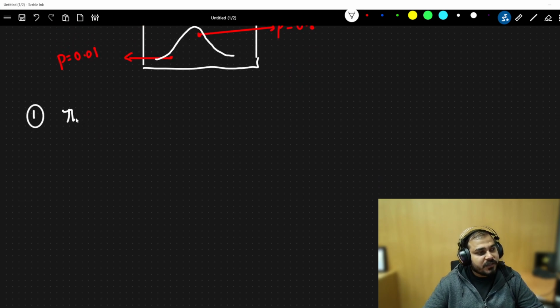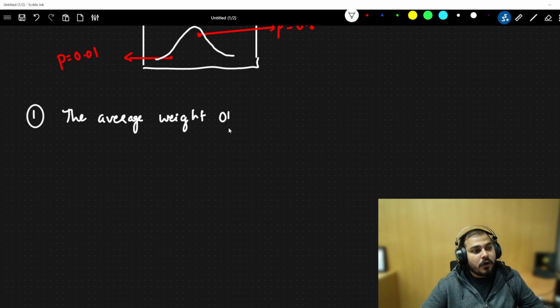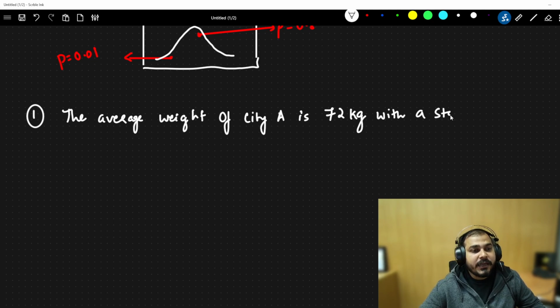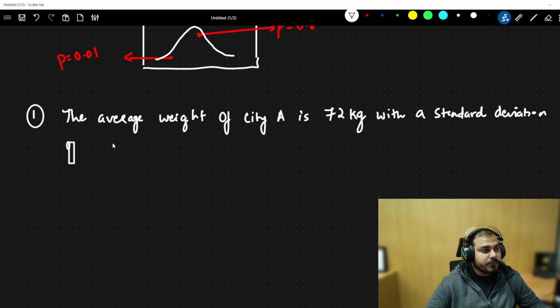Let's say that the average weight of city A is 72 kgs, with a standard deviation of 4.